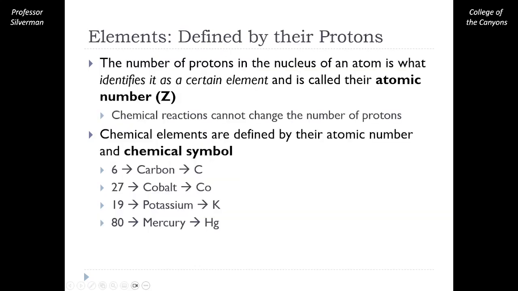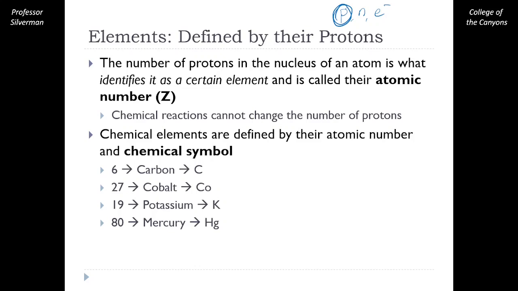As we saw in our previous video, our atoms are made up of protons, neutrons, and electrons. So in this video, we're going to talk about what it means when we change the number of protons in our atoms.